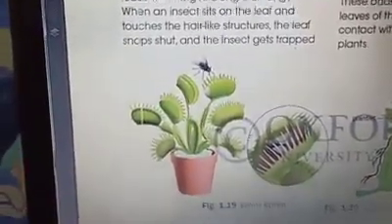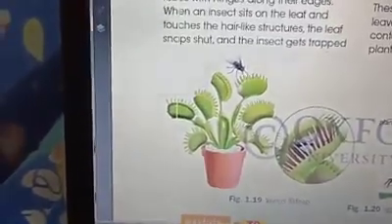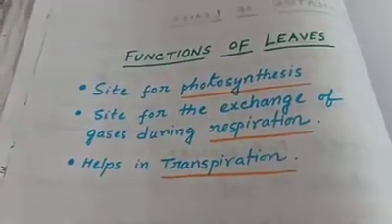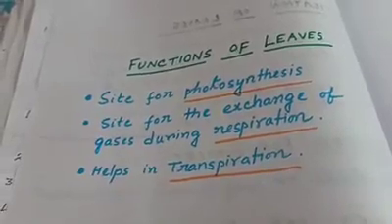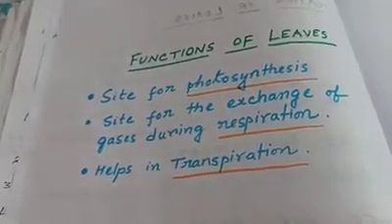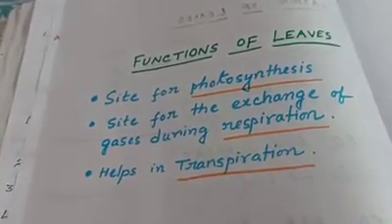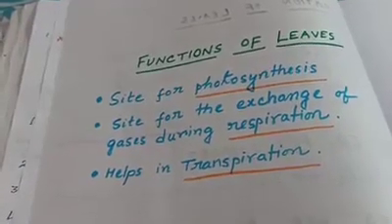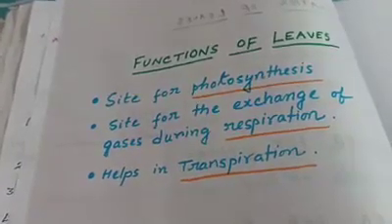Now I am coming to the end of your leaf syllabus, and we have to know about the functions of leaves. The first point is that the leaf is a site for photosynthesis. Due to the presence of chlorophyll and a broad expanded lamina, it is the main site for photosynthesis, in which glucose is formed by the plant.